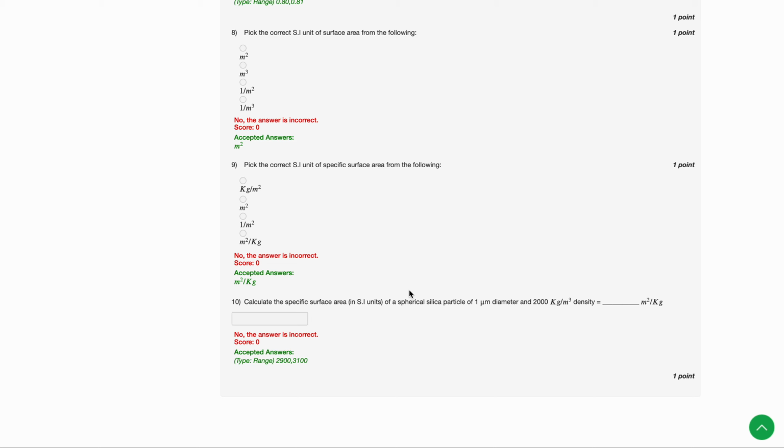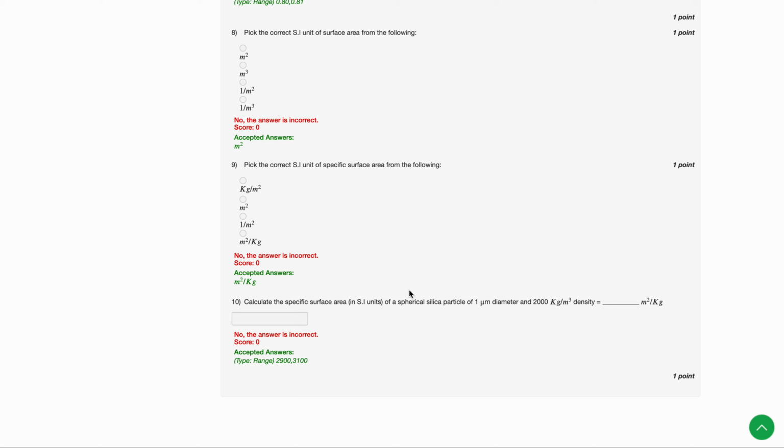The mass of the particle m is rho into pi by 6 d cube.